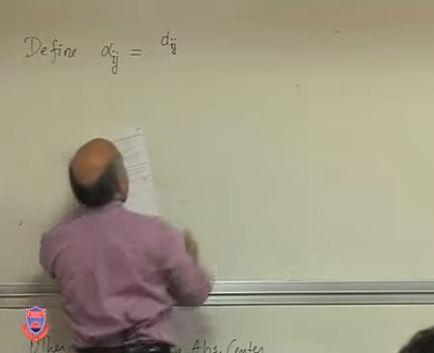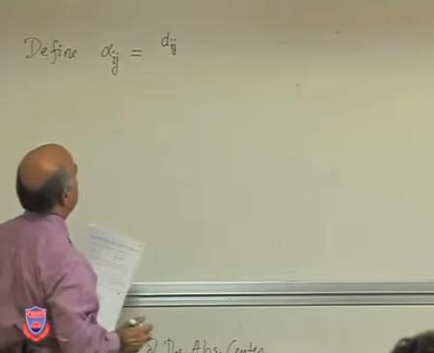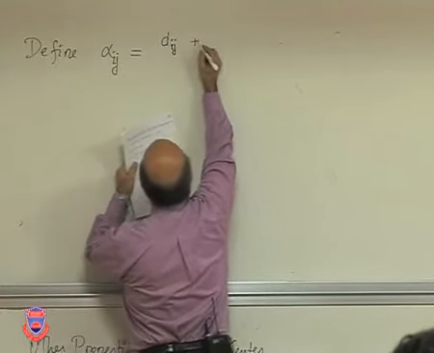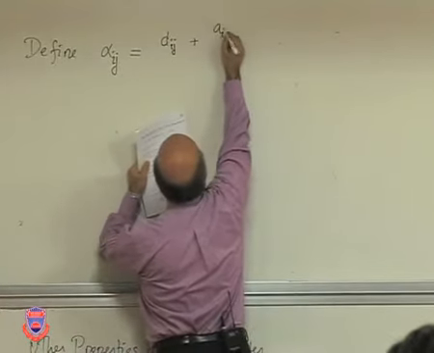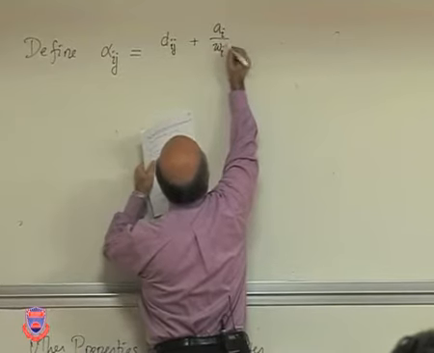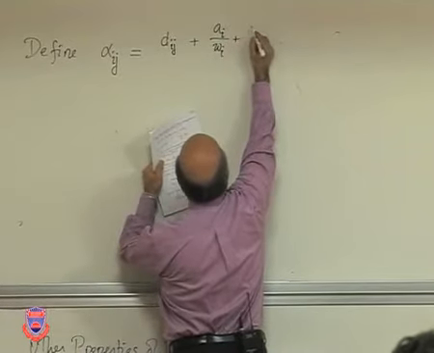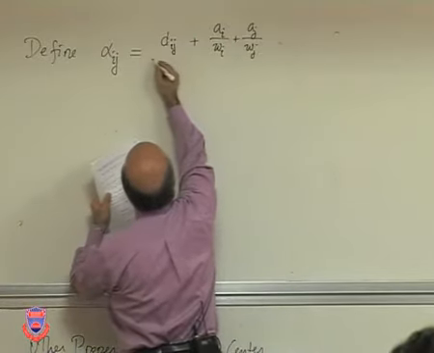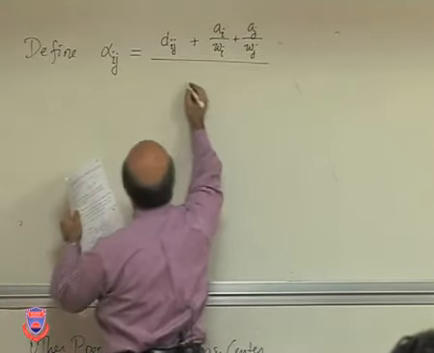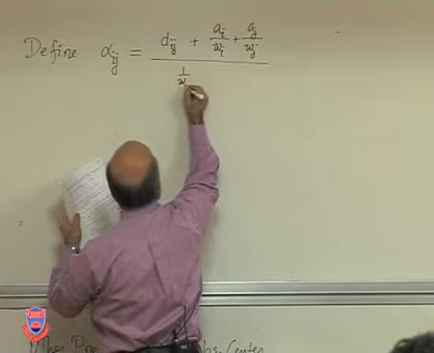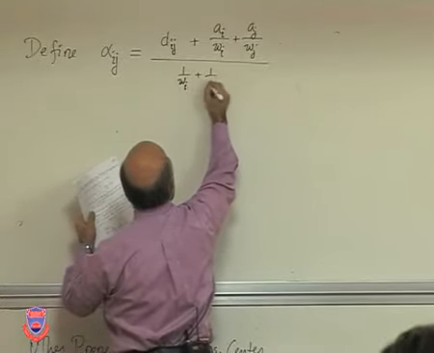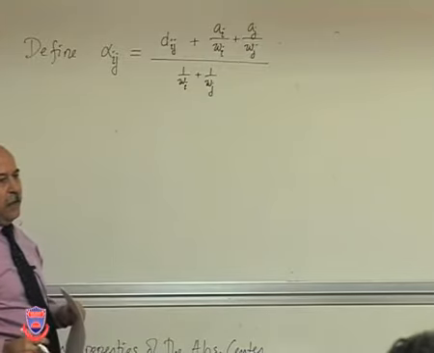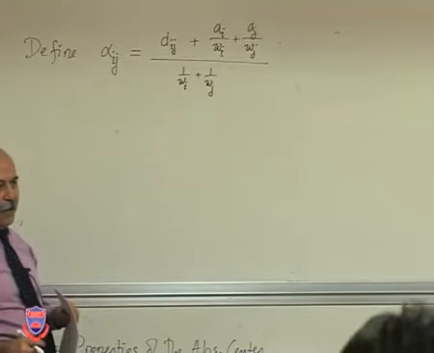It's the distance between vertices i and j, plus ai over wi, plus aj over wj, the entire thing divided by the sum of the reciprocal weights, 1 over wi plus 1 over wj. This is how I prefer to use this number.